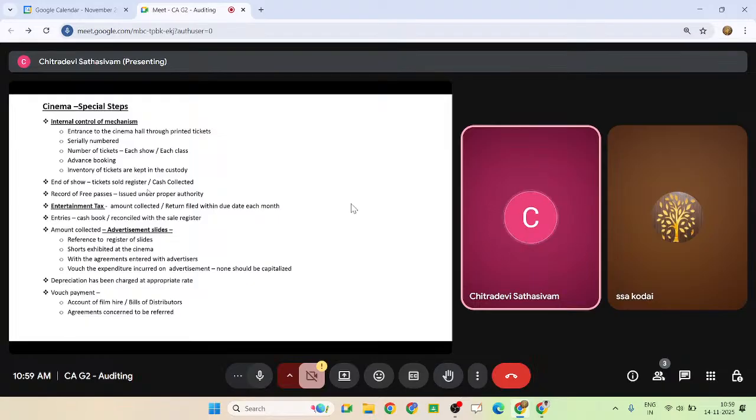First of all, forget about audit, you should always understand how the cinema business is operated, how the business is driven, how the organization is taken care of, and how the financial transactions are captured based on the transaction nature.